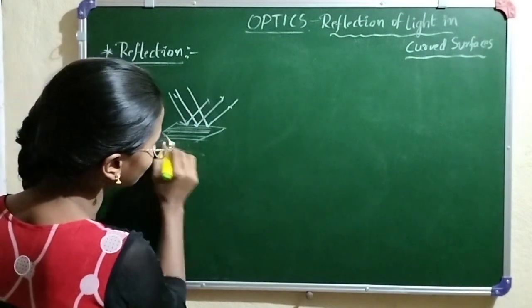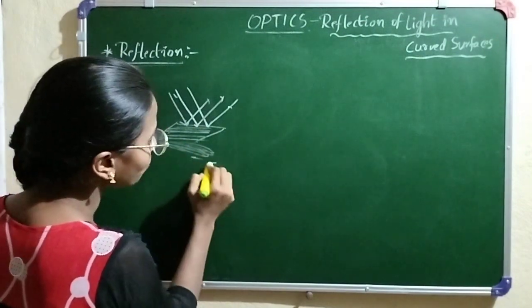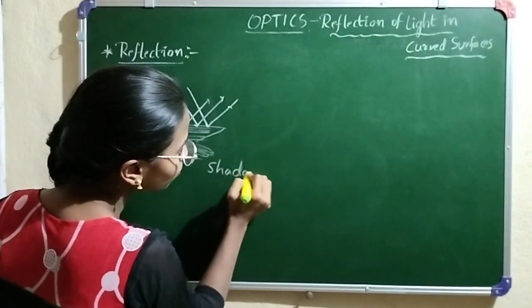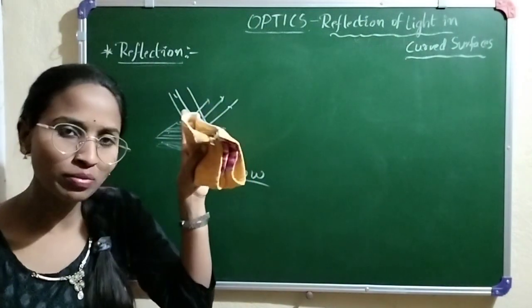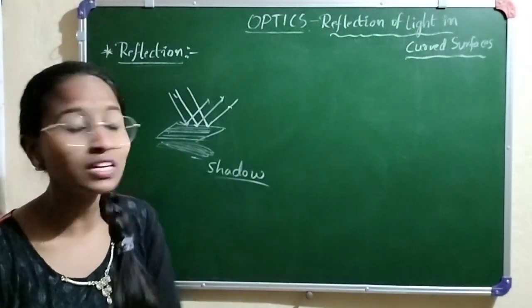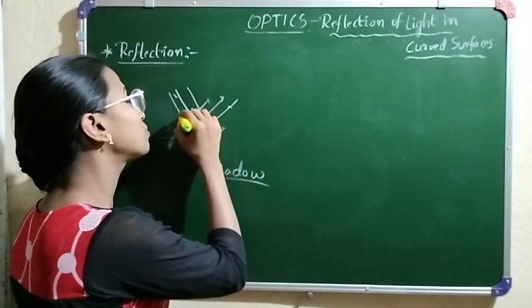This darkness forms the shadow. To form a shadow or an image, reflection of light is the reason. We'll see how.